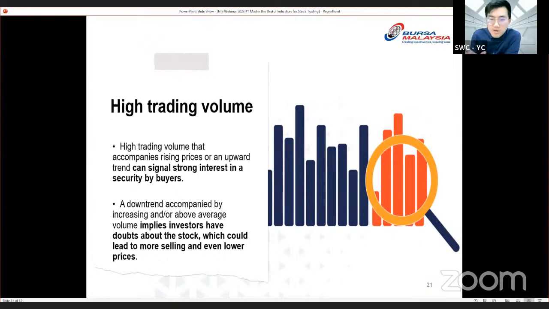So they will think, okay, this counter wants to goreng already. The operators start coming in because there is volume. But if you notice, on a daily basis, the top volume list always has different penny stocks. It wouldn't focus on one penny stock.